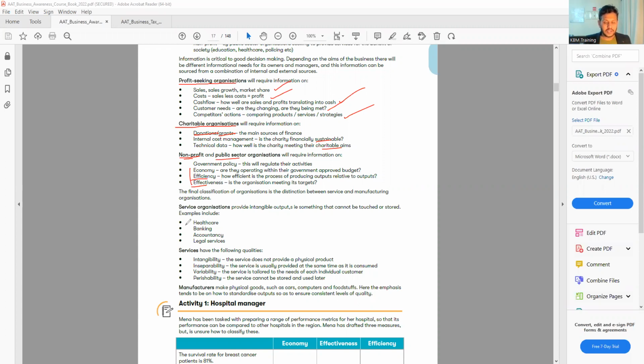Then we have the service organization. We have healthcare, banking, accountancy, legal service. What is the difference between the service and the product? When you have a manufacturing business, we make something and we sell it. But when you have a service business, we don't make anything. We don't give any physical thing. For example, if you go for a haircut, you pay the money, but you don't actually get anything physical.